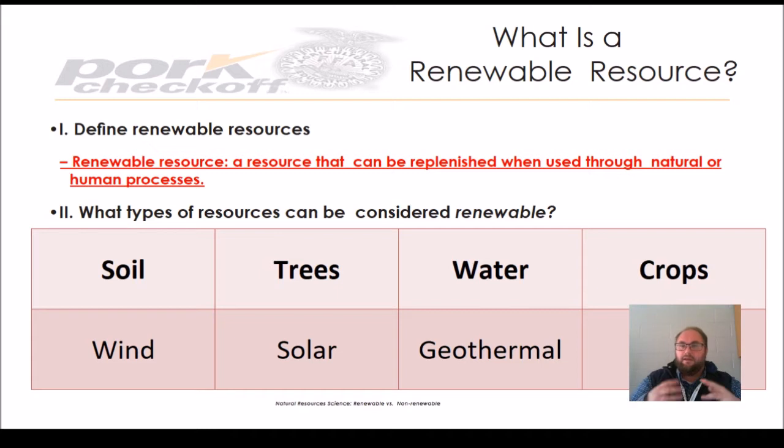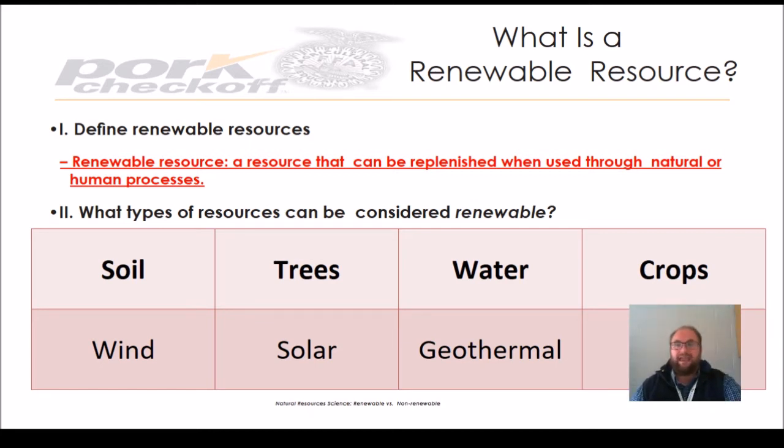The types of resources considered renewable natural resources are soil, trees, water, crops, wind, solar energy, and geothermal energy. Those are things that we as humans can get back. These are resources that can be replenished, okay?